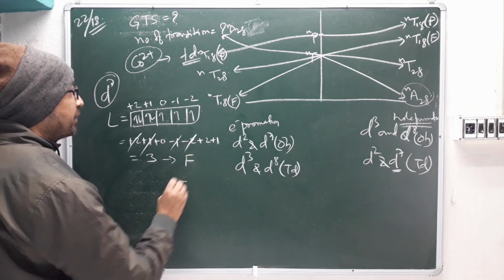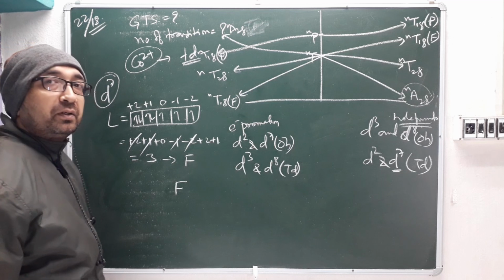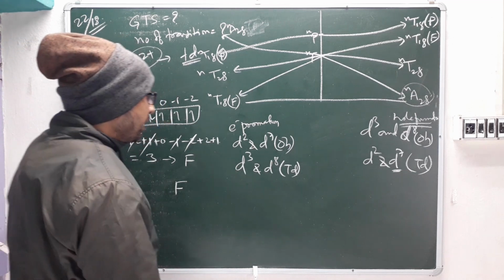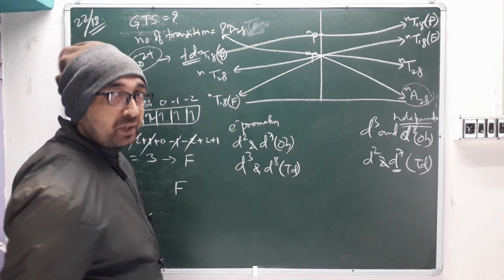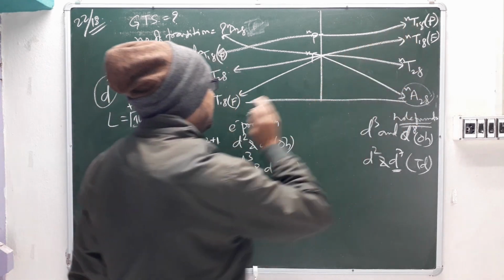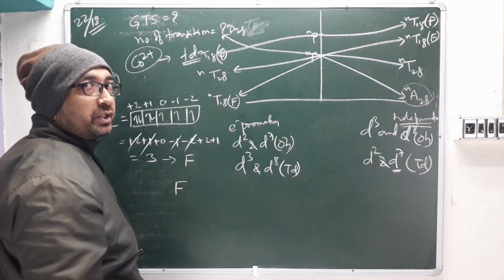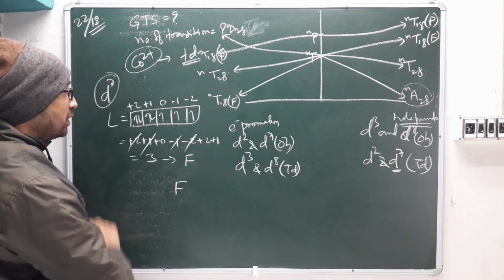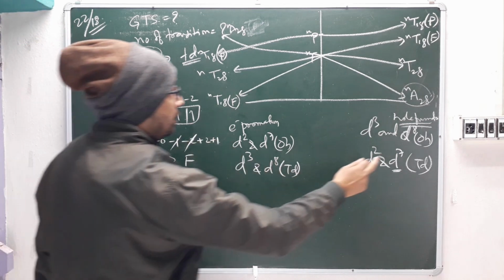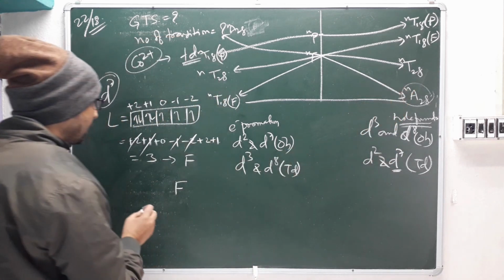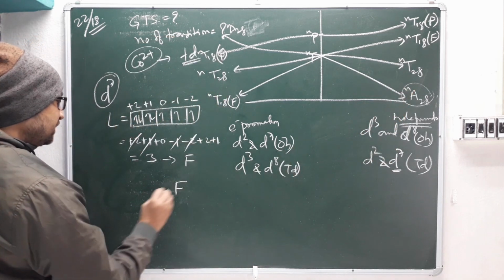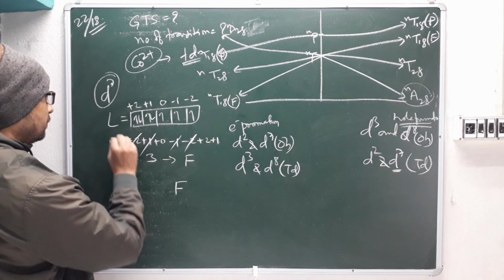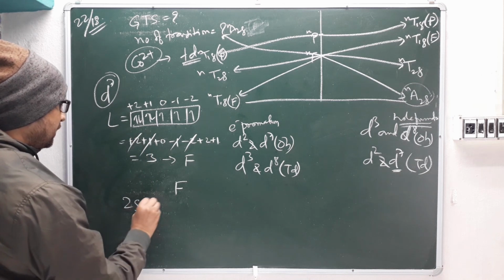If you are getting the F term, then only you are going to solve by this Orgel diagram. If you are getting the D term, then the simplest way is T2g, Eg and E, Eg and T2g. That one you are going to solve. So now it is the F term. Now we need the multiplicity, because we require this N number. What will be this N value? In the F term, the multiplicity we have to find is 2S plus 1.